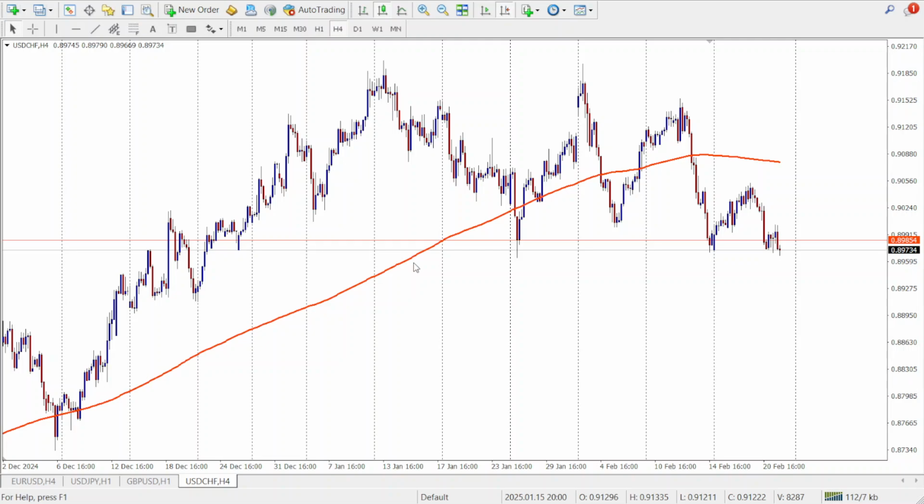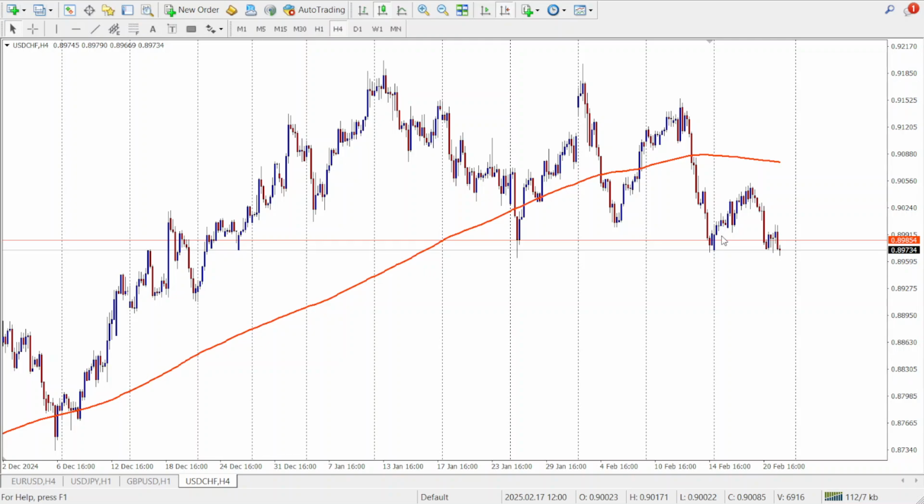If you are trading forex or stocks, the 200 period moving average can act as a key level of support or resistance. If the price crosses above the 200 period moving average, it confirms that the market is in an overall uptrend. If it crosses below, the downtrend is confirmed.